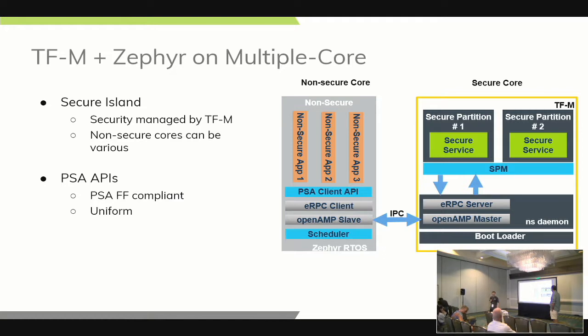As non-secure cores can be various, the interfaces are unified by PSA APIs. It is going to simplify the remote procedure call. The non-secure side has OpenAMP and eRPC in the same way to cooperate with the secure side.